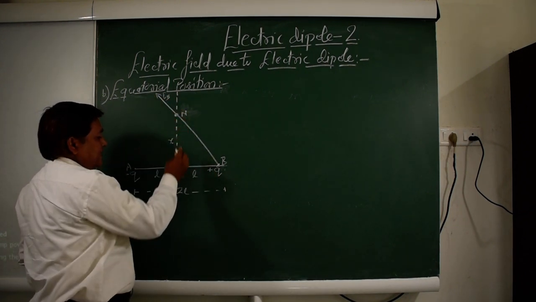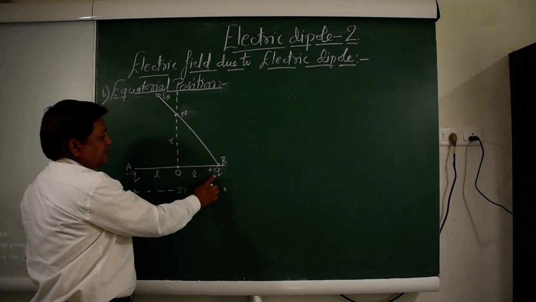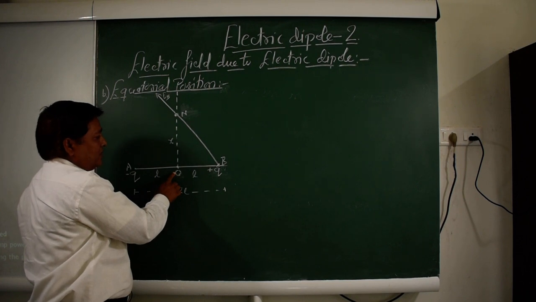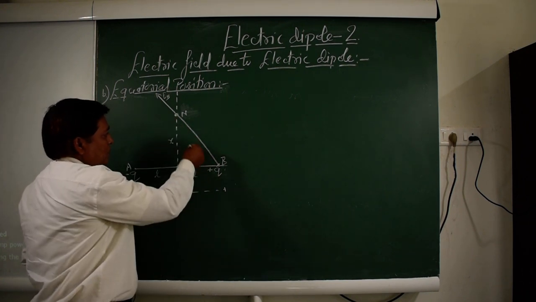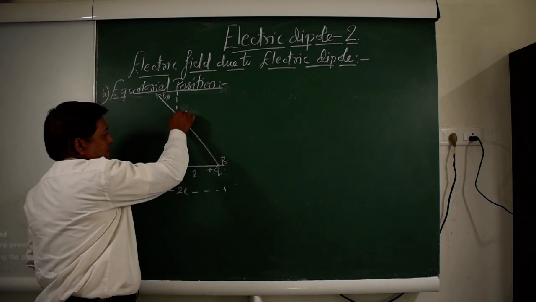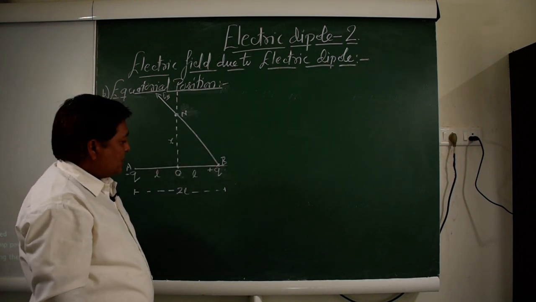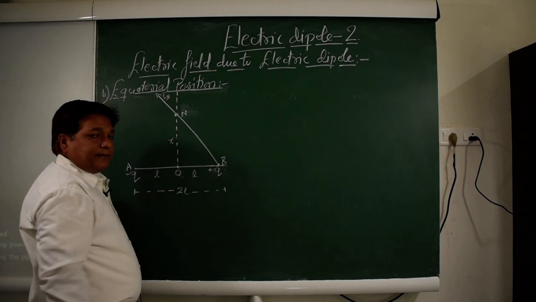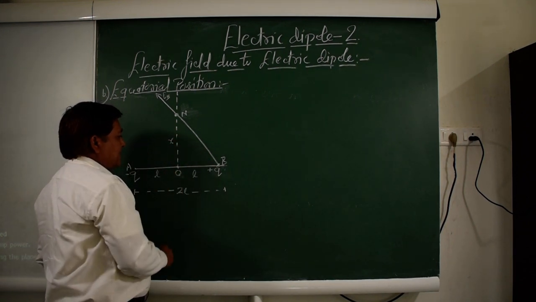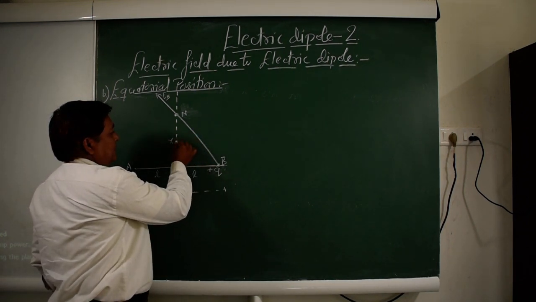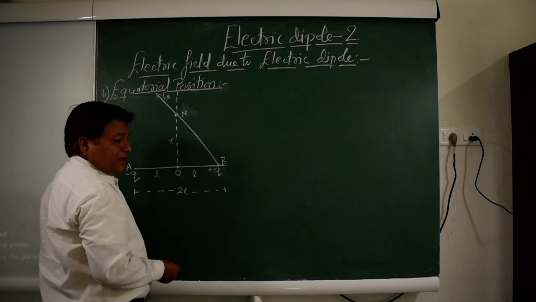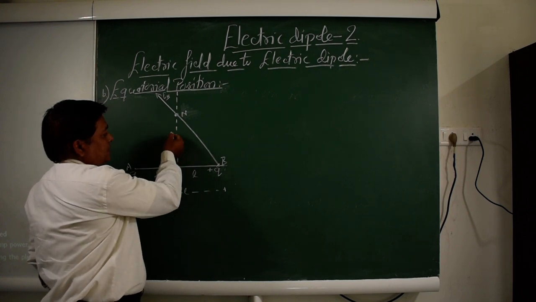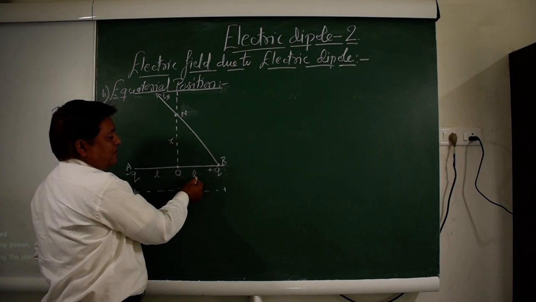Okay, now you see that L is the distance, x is the distance of this point from the dipole here. So what will be this distance, the distance of the plus q charge? We assume that there is a right angle triangle, and in the right angle triangle, if we apply the Pythagoras theorem, the hypotenuse square is equal to the sum of the squares of perpendicular and base.